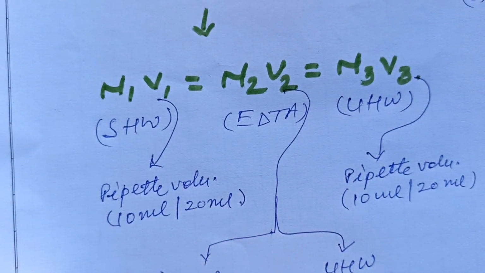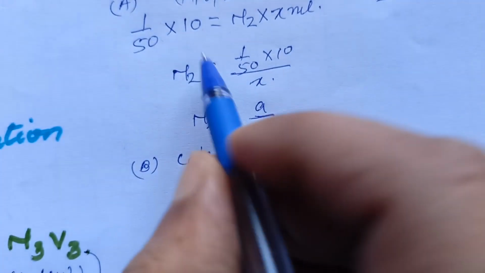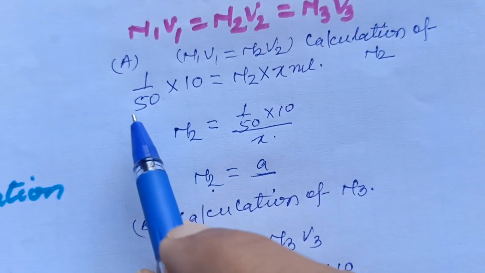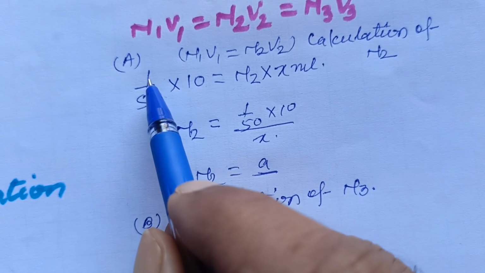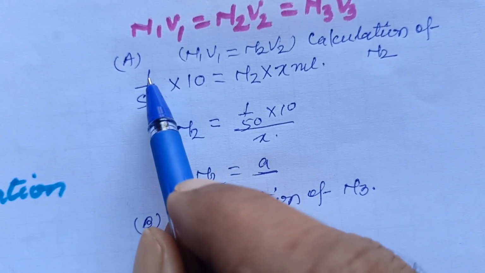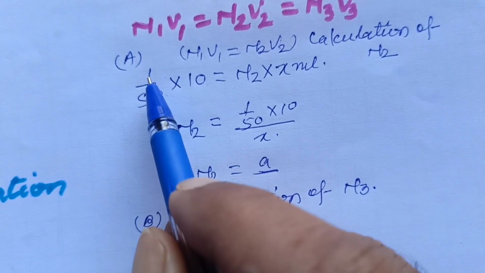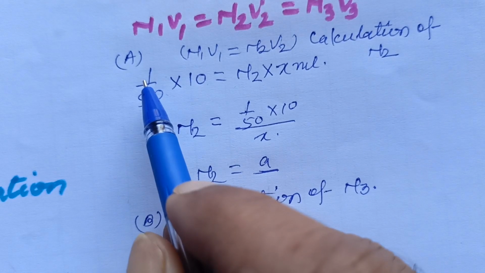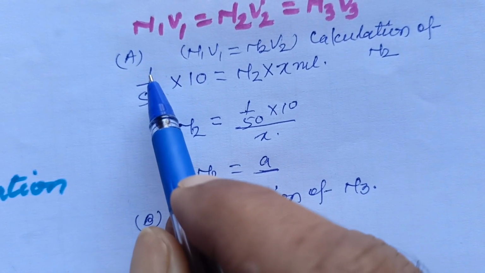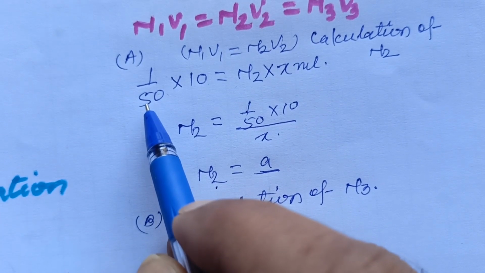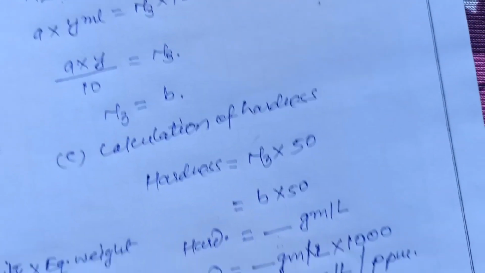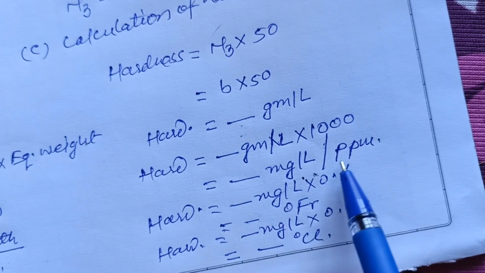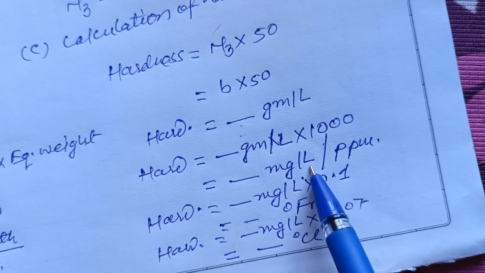One more thing: if you take the strength in 1000 milligrams per liter divided by 50, you would find the answer directly in parts per million or milligram per liter.